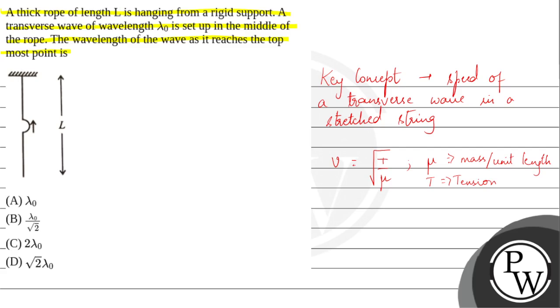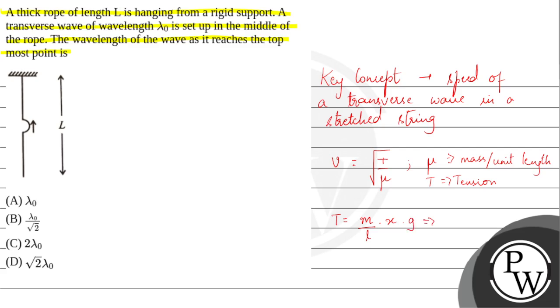So we can write the tension force T as mass per unit length into length, the length जहाँ से हम टेंशन को माप रहे हैं, so that length into acceleration due to gravity.